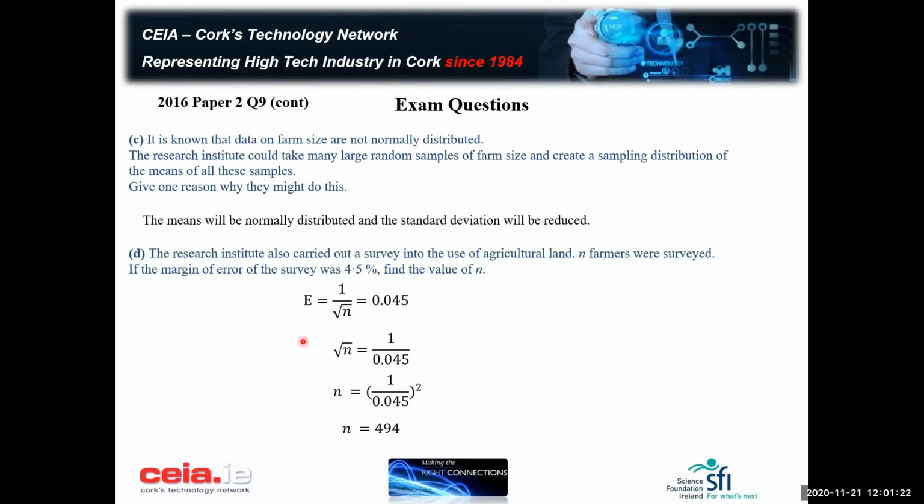You're forced to use this simplified formula for the margin of error. E equals 1 over root n. You're told that that is equal to 0.045. So root n is 1 over that. So n is 1 over that squared. And n is, well, you take the nearest integer because it's a number of people. So it turns out to be 494.